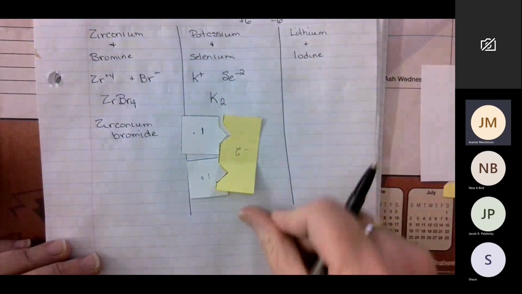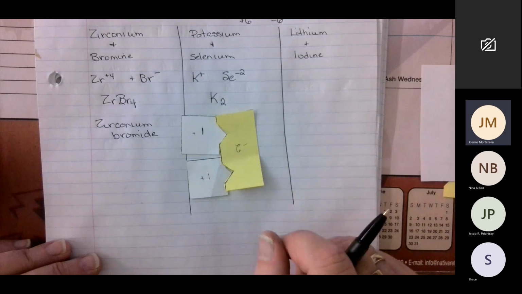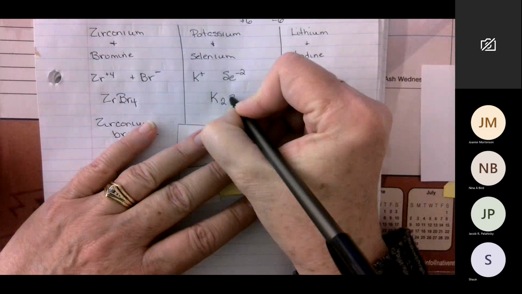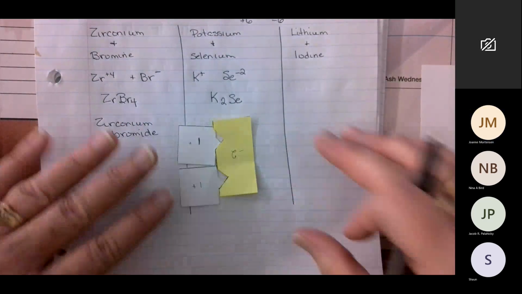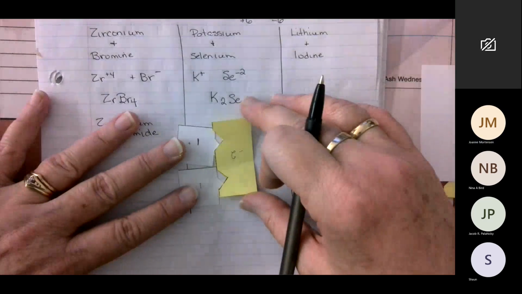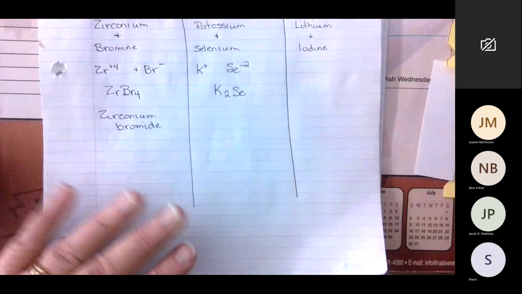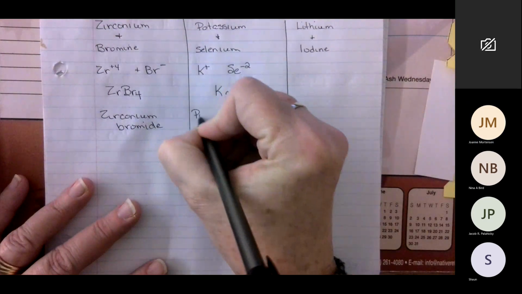And how many seleniums did we need? One. There we go. So K2Se. How come we don't put in Se1? Because you don't write the ones at the bottom. It's a chemistry thing.